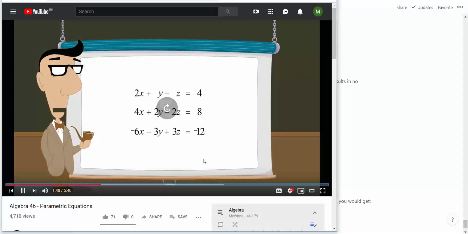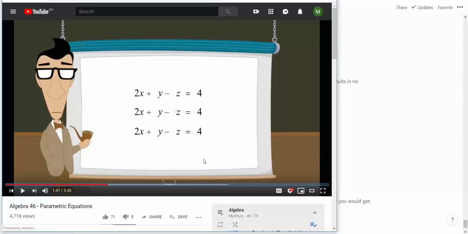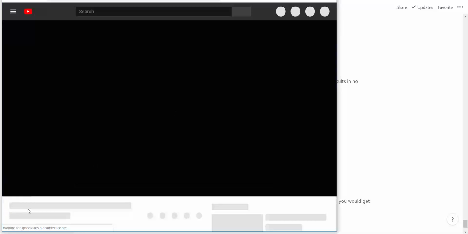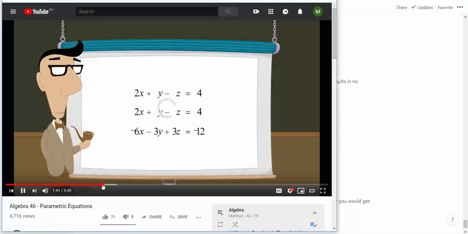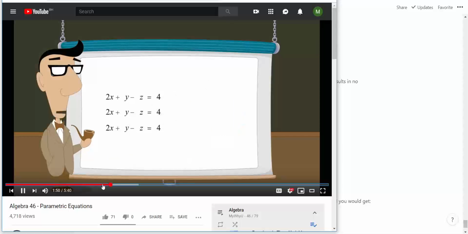Therefore, if the equation is described by any of the equations.